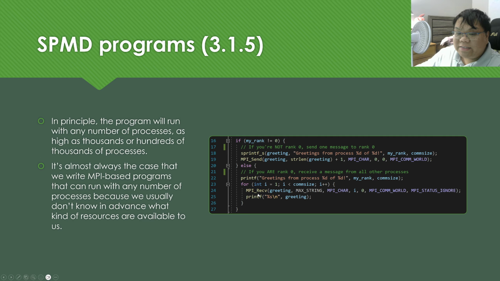It's almost always the case that we cannot know in advance how many or what kind of resources are available to us. So whatever we write should scale up and should run no matter what. Doesn't matter if you run it with 10 processes or 10 million processes. It should work no matter what.